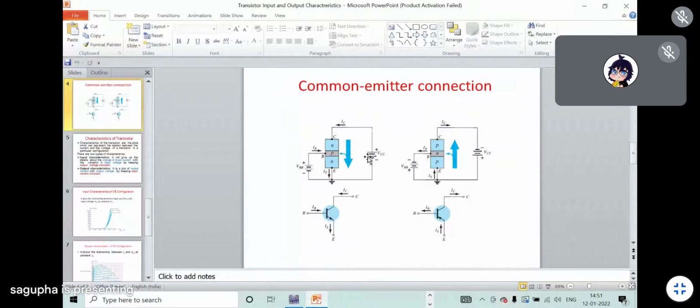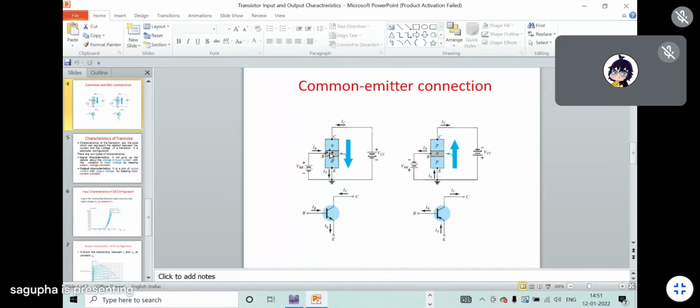Width of the depletion region increases in reverse bias? Yes. If my width of the depletion region increases, then as this base part has very low concentration, yes or no? Generally, this emitter part has high concentration of carriers. This base has very low, and the collector part has a moderate concentration.